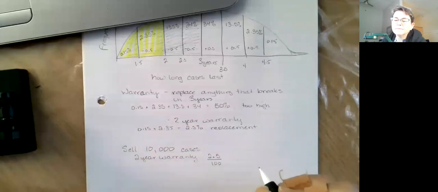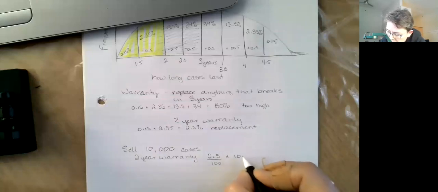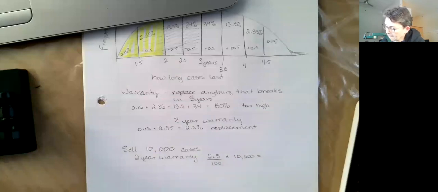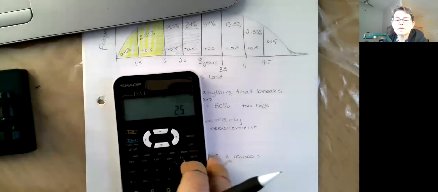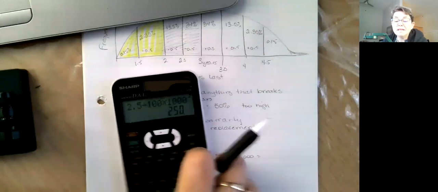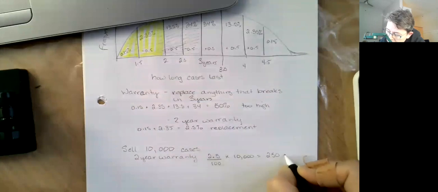Wait, I'm converting it. There's a lot of ways to convert with percents and decimals, but this is a quick, easy way. Times 10,000. Yes, I can. Divide by 100 times 10,000. All right, that means I would have to replace 250 cases.